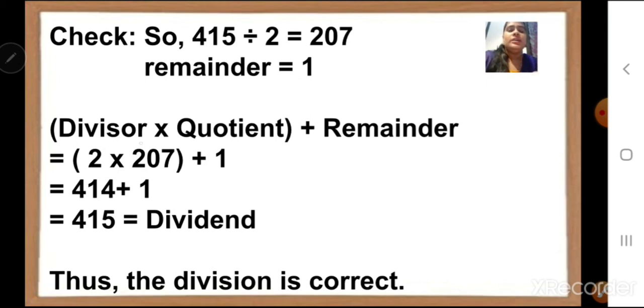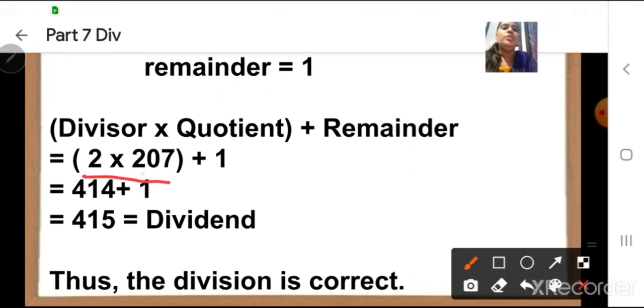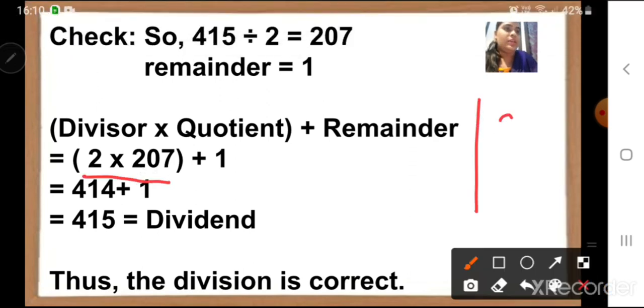Okay. Write the formula and substitute. Divisor, which is 2, multiplied by quotient 207. Put the brackets plus 1 as remainder. Children, then we have to multiply 2 into 207. Okay. Do the multiplication. Everyone is going to do the multiplication.